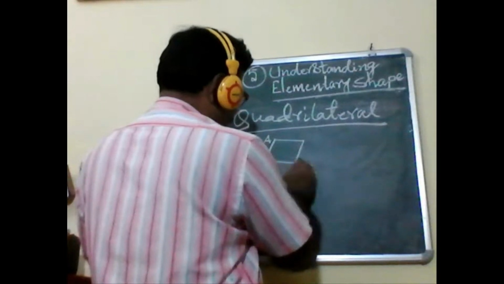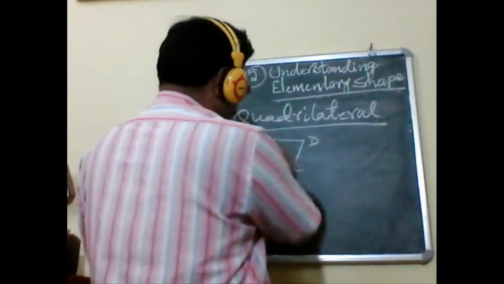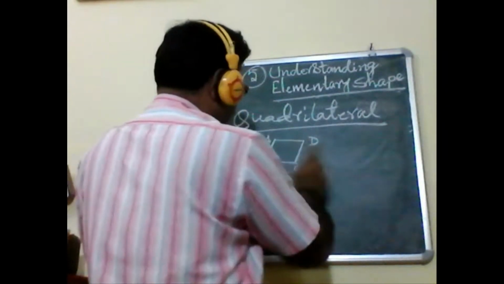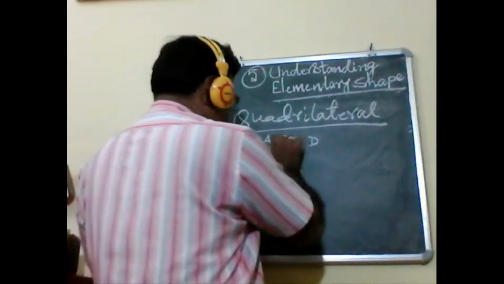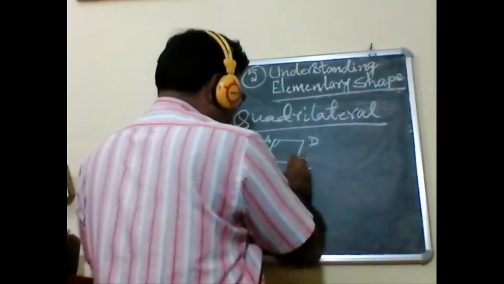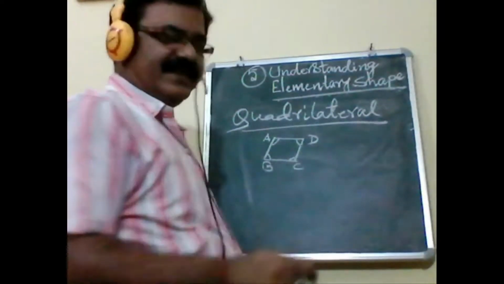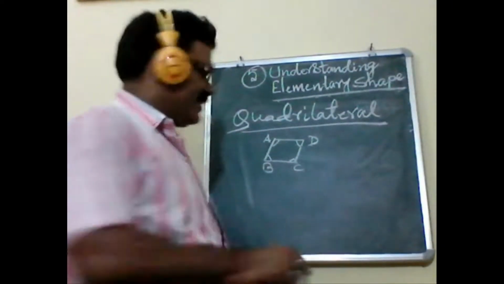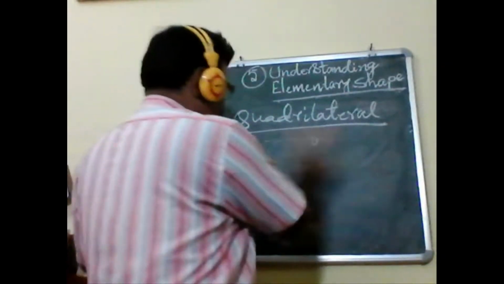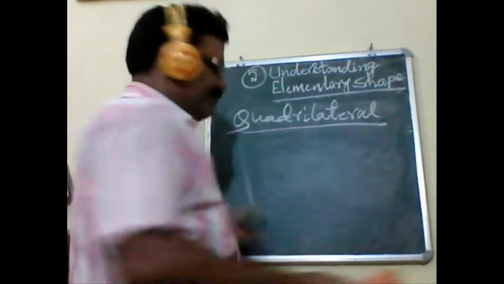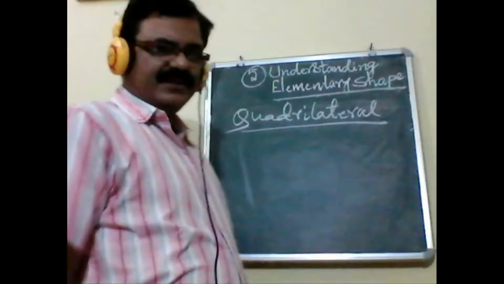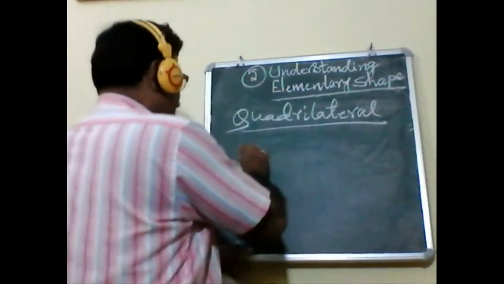Name it A, B, C, D. So AB, BC, CD and DA are the 4 sides, while there are 4 angles: angle A, angle B, angle C and angle D. So a quadrilateral has 8 parts, and these 8 components play a vital role in its properties. One by one we will see.